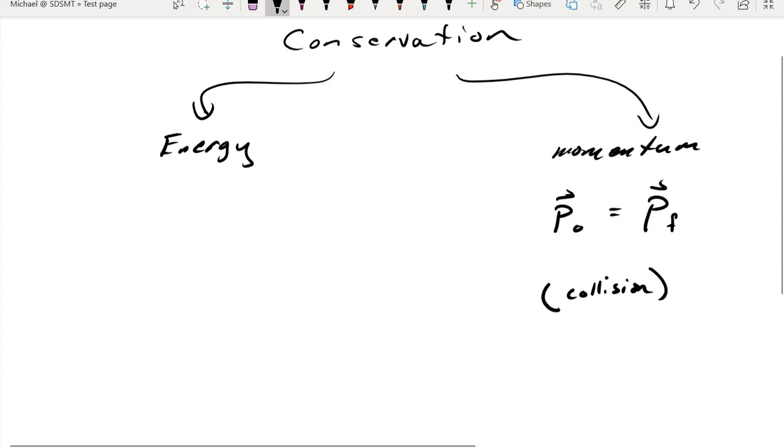And then our conservation of energy expression, which we had back in chapter 7, says that what energy we start with has to equal the energy that we end with. And we could modify this energy equation to include things like thermal energy, sound, light, etc.